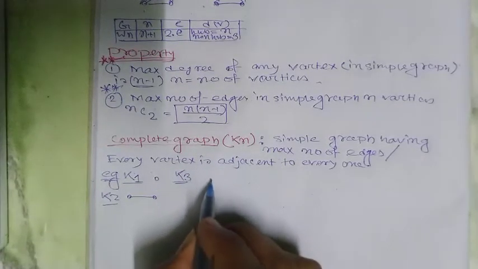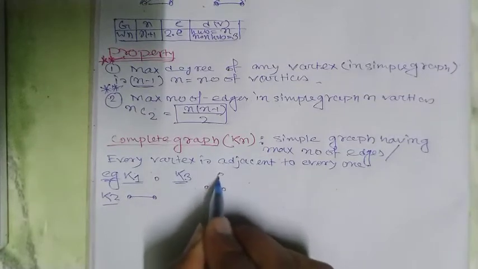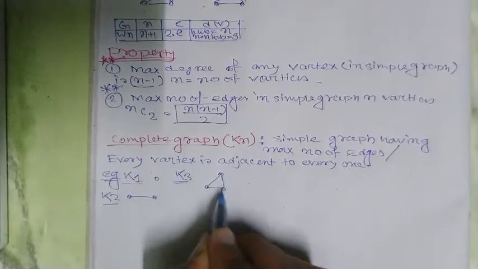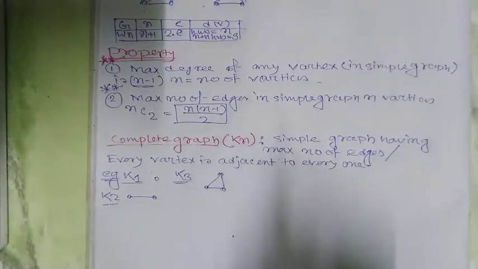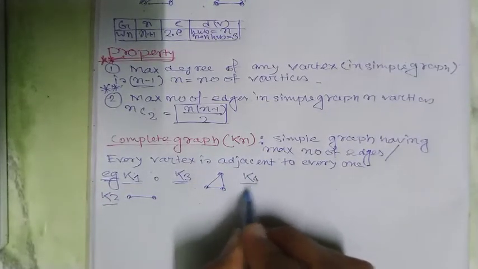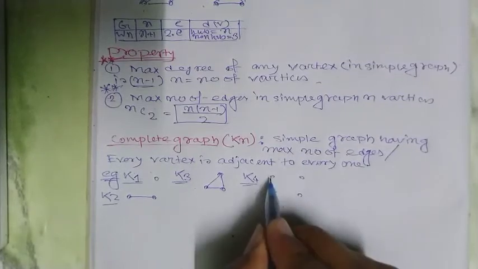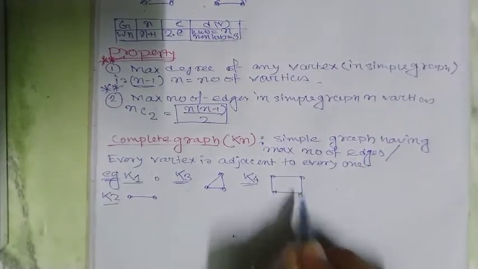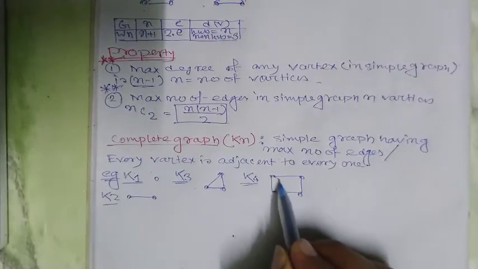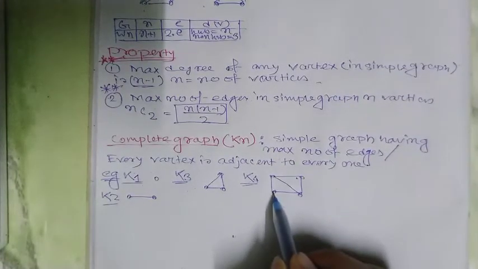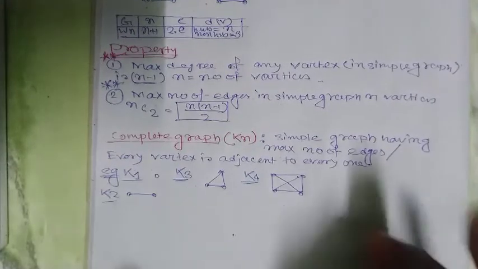Three vertices and every vertex is adjacent to each other, like this adjacent to this and this. Okay, K4, four vertices. Now these two are not adjacent, make them adjacent. These two are not adjacent, make them adjacent, like this.